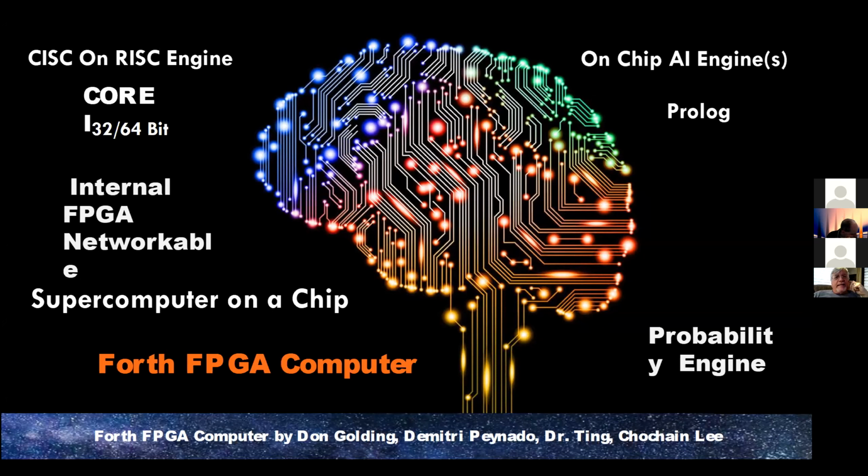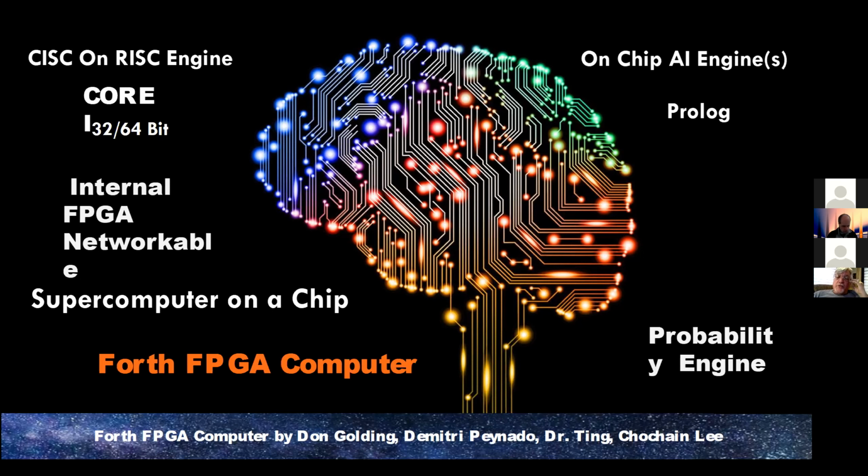So the idea is we're building a Forth engine in an FPGA, which many people have done, but we're using a different approach. There's a difference between behavioral Verilog, which has a very C-like syntax, and RTL, which is register transfer logic.